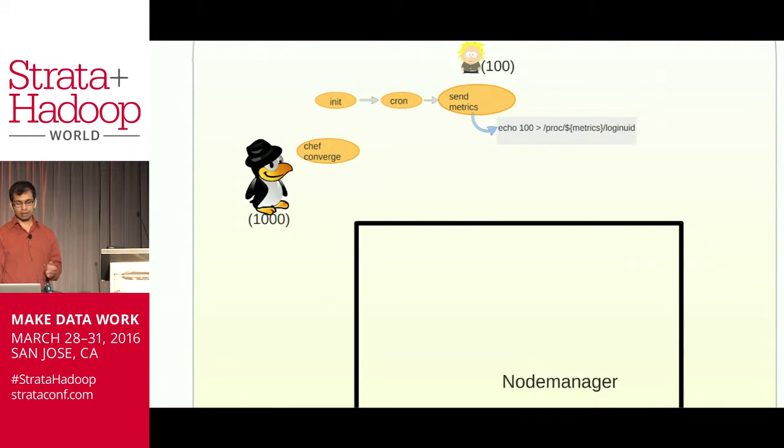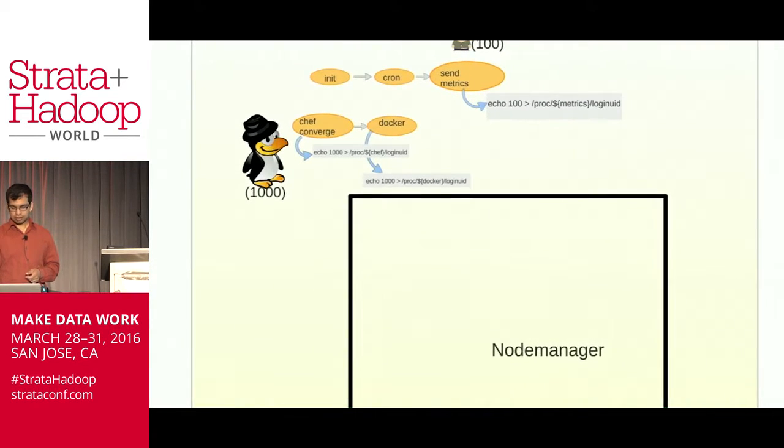What this is doing now is, to the PAM module, it seems like this is a user logging in and launching Chef converge. So PAM now starts writing down, okay, this Chef converge was launched by UID 1000. Then that launches Docker. Now PAM starts propagating down this UID. So Docker is also launched by UID 1000. Now the Docker daemon's job is to start the containers.